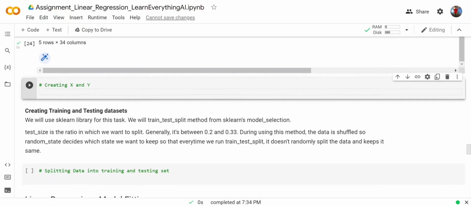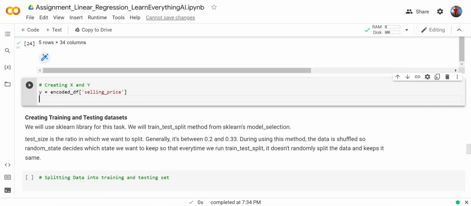Now we need to create some x and y variables so that it is useful for our predictive analysis. For defining our dependent variable, we say y is equal to encoded df, the selling price. This is also known as feature scaling, by the way.